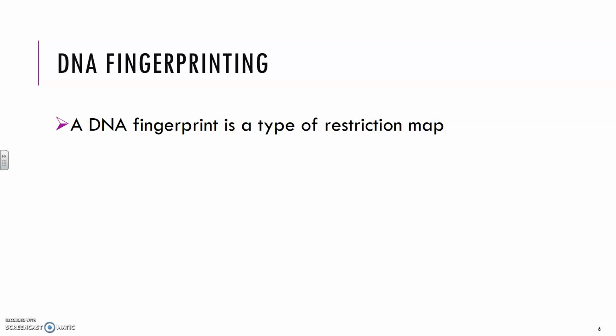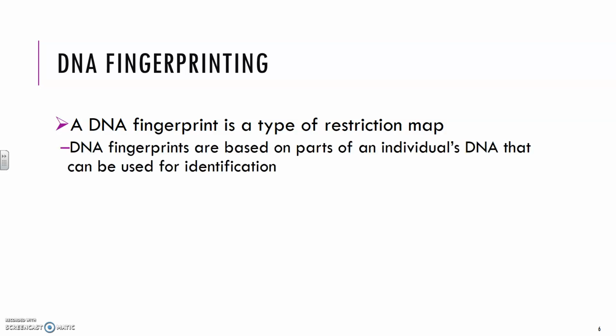So by basically counting the number of times those segments are repeated and doing that for a couple different segments that are similar to this, you can actually, with complete certainty, identify a single person by their DNA. And you don't actually have to look at all that much of their DNA in order to be able to identify them. So DNA fingerprints are based on these parts of the individual's DNA that can be used for identification.